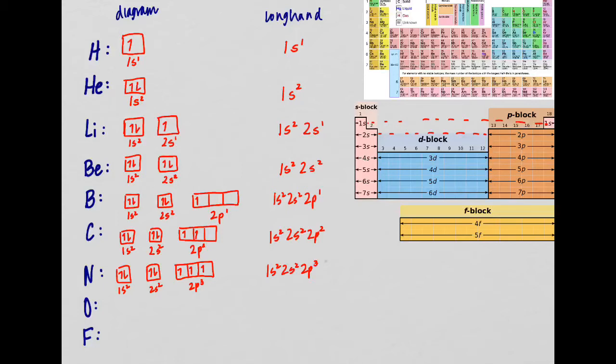Oxygen has 8 electrons. 1, 2 in the 1s. Then we have 3, 4 in the 2s. And then we're going to have to place the last ones in the 2p. Same as nitrogen, I'm going to fill them all with the same direction first.